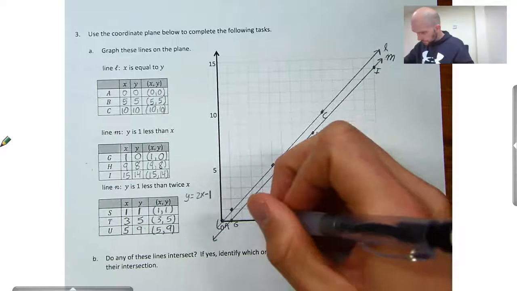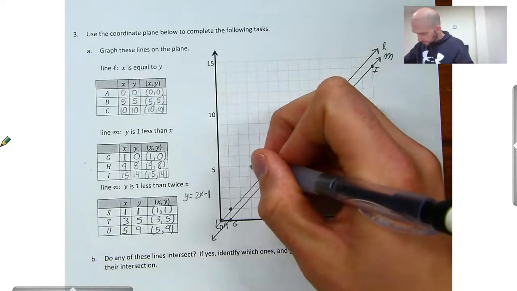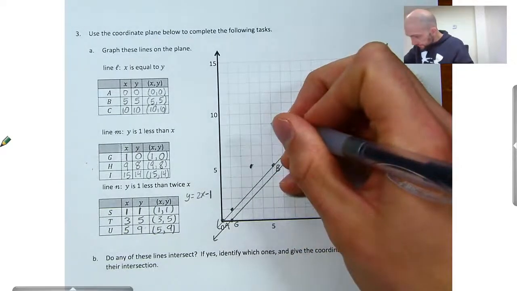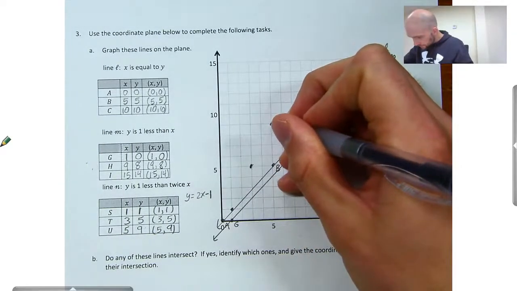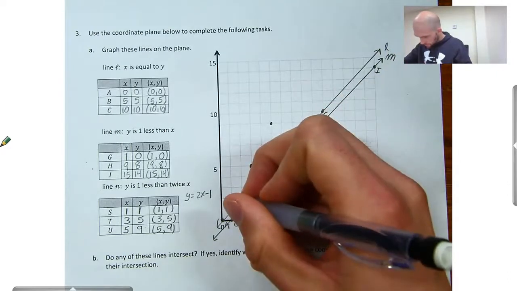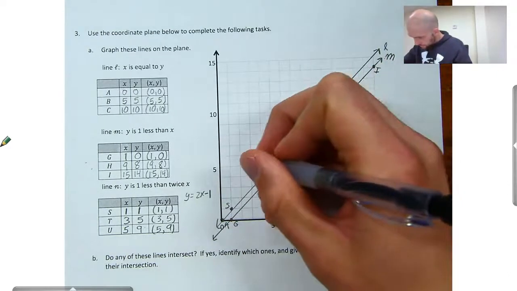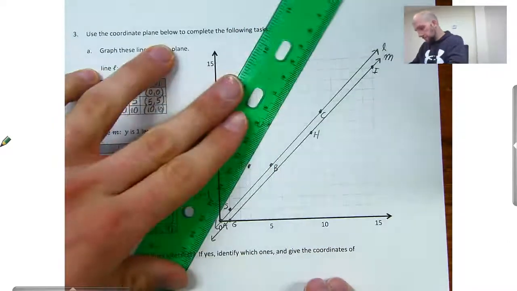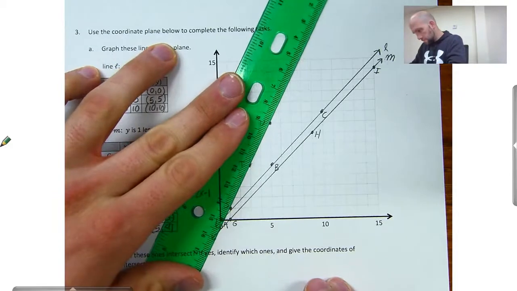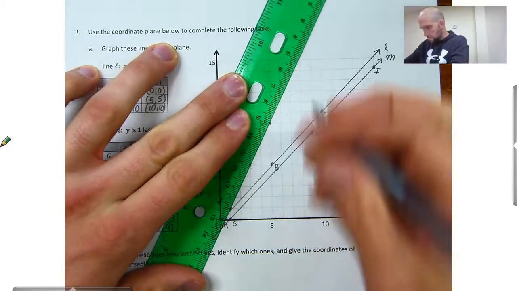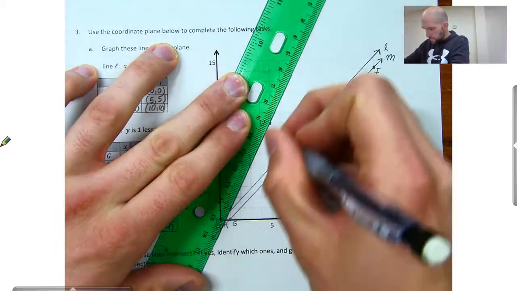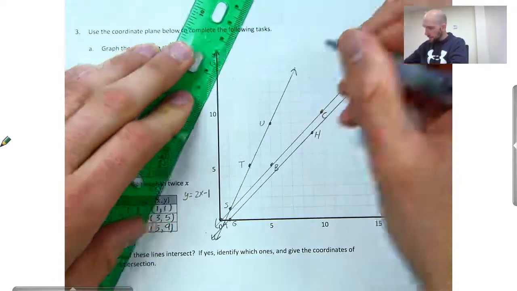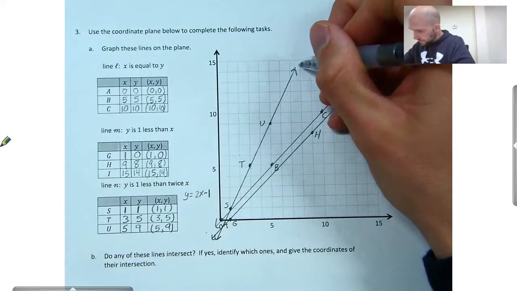And then we have 3, 5, 5, 9. This will be S, T, you get a little busy here at the bottom. This is line N.